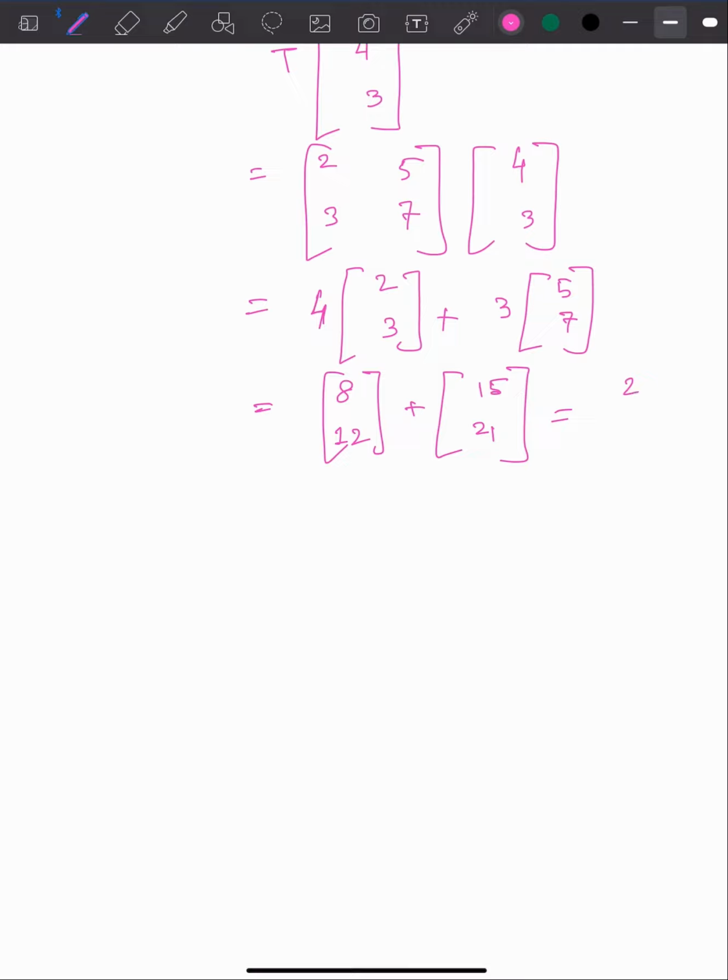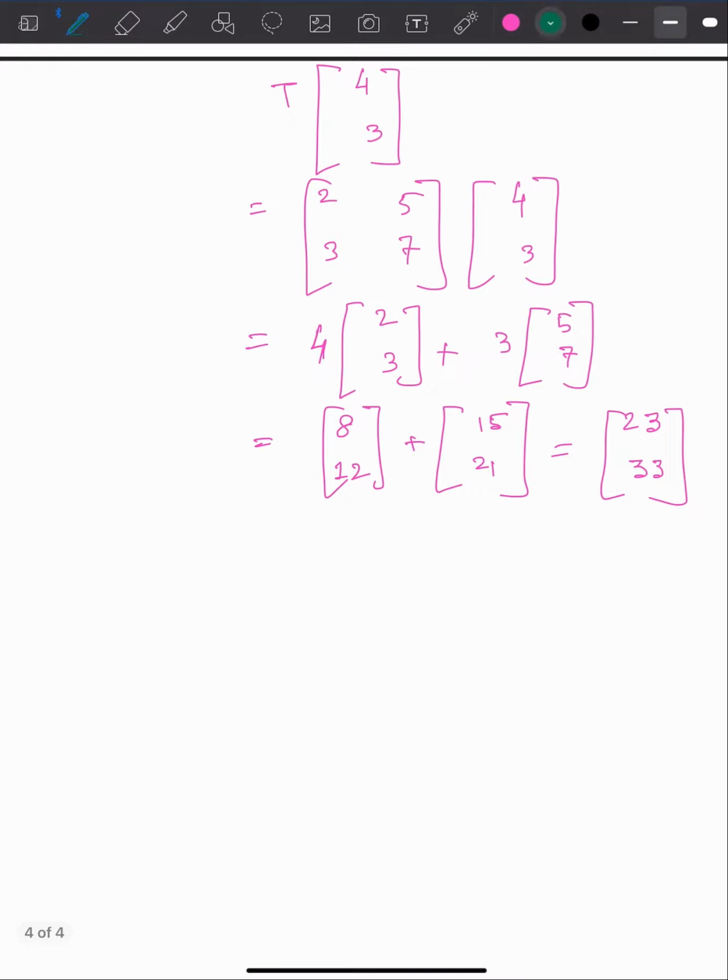This is 23 and 33. So 4 3 is transformed by linear transformation, by the transformation matrix 2 3 5 7.